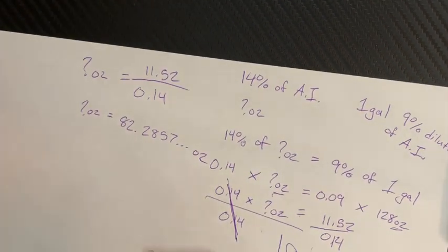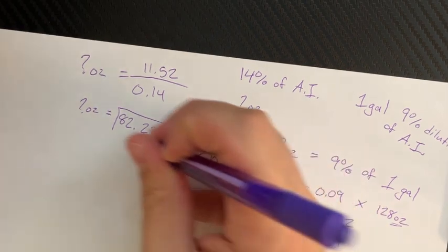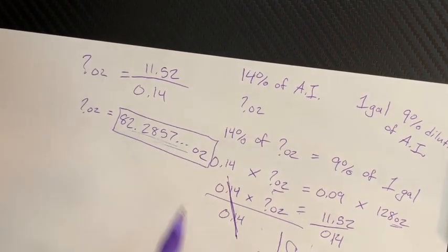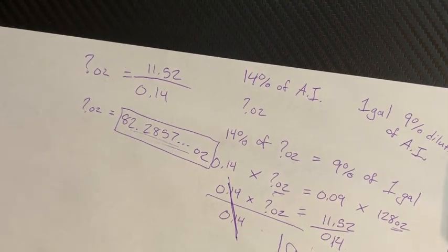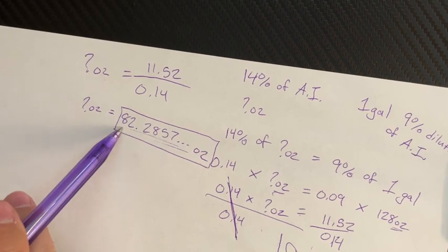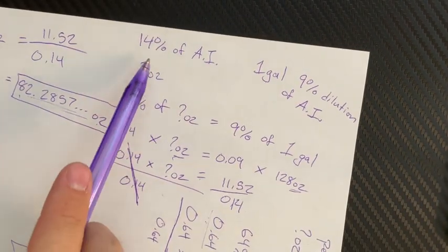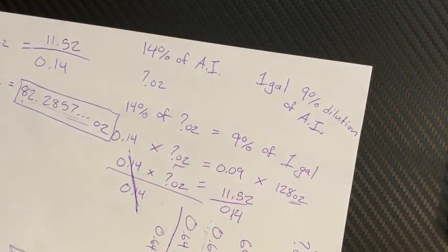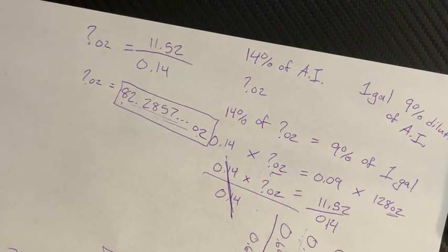Okay, so we know that the answer is we need to add 82 point something, and it's multiple choice, so you just pick the closest one. 82 ounces of pesticide A to make this true. Okay, and that's it. Good luck.